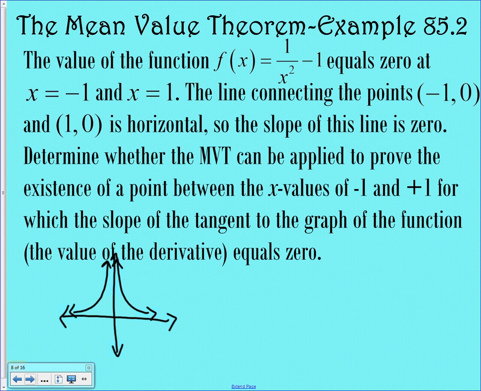And then because of the -1, it got shifted down by 1. So is that a continuous function? No, because at 0, it does not exist. It's not defined. So determine whether the mean value theorem can be applied. Can it be applied? No, because it is not a continuous function. So that's all you would do. It's not a continuous function, so it can't be applied.